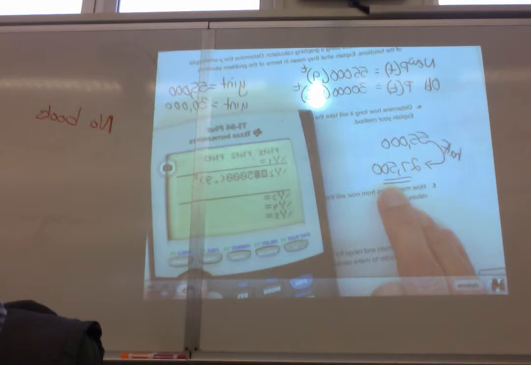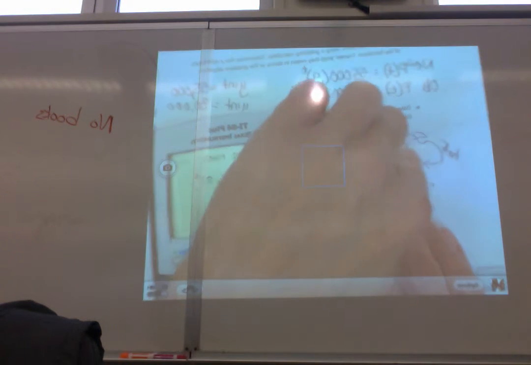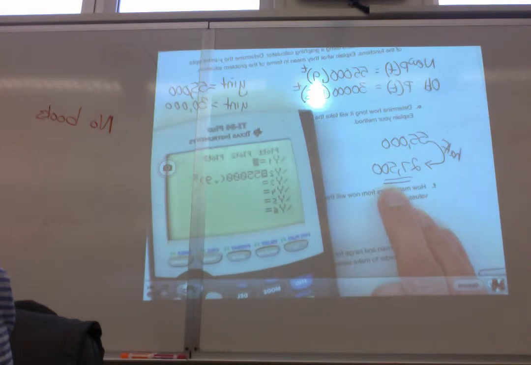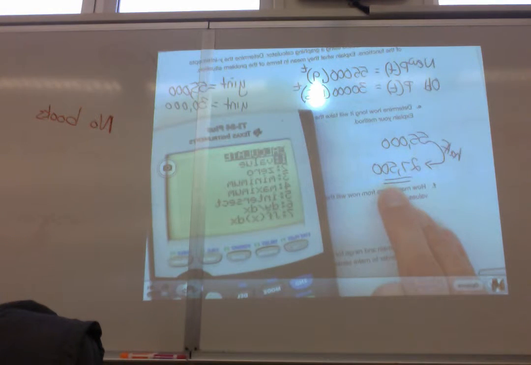I'm going to go up to y1, apparently. You can have it in y2. I seem to be off by 1. And I'm going to put in 27,500. And now I'm going to go second calc, intersect.